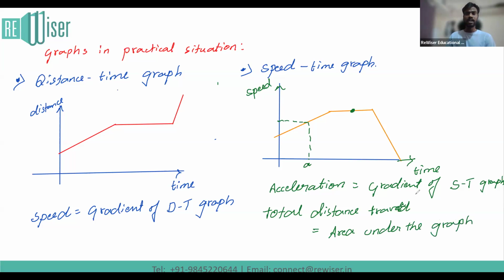That means we have to find the area of, let's say this is a parallel line, so in that case it will be a kind of trapezium, or you have to split it like this. Then it forms two trapeziums, and we need to find the area of this entire shape, and that will give us the total distance traveled. So these are the key pointers that we should be aware of under the concept of graphs in practical situations.